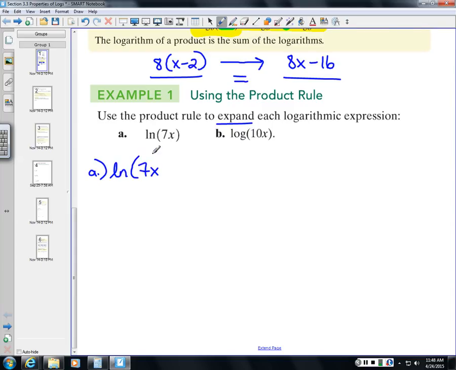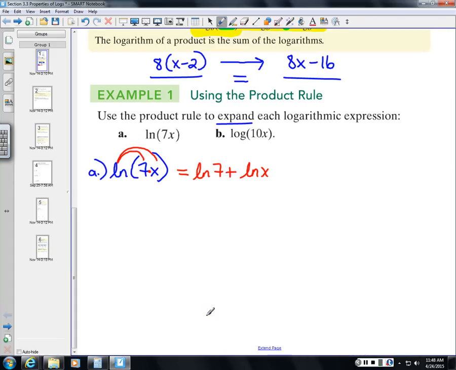What I'm taking the log of is a product, 7 times x. Again, it's almost like you're distributing. Basically, we can look at this as this log going to the 7, and that log going to the x. But because this is being multiplied, when we expand this out, we expand it to an addition.